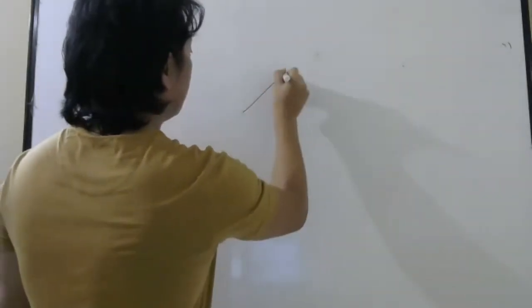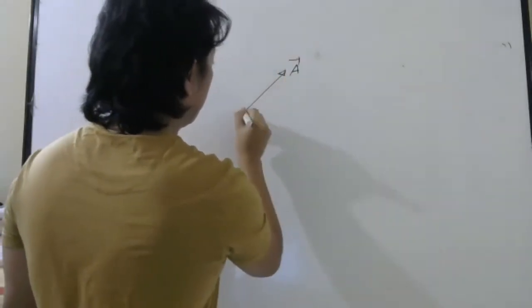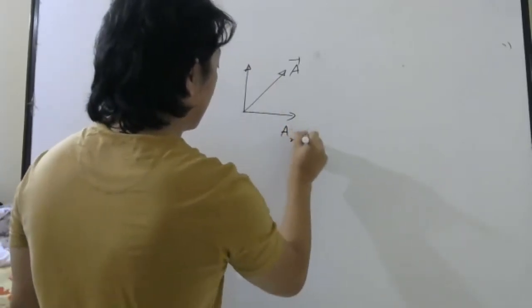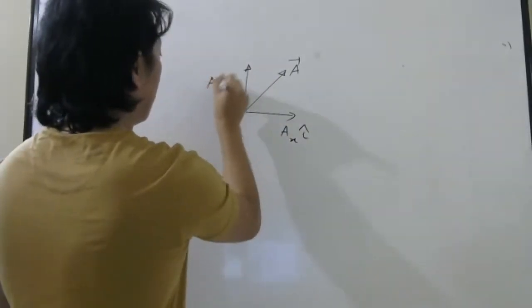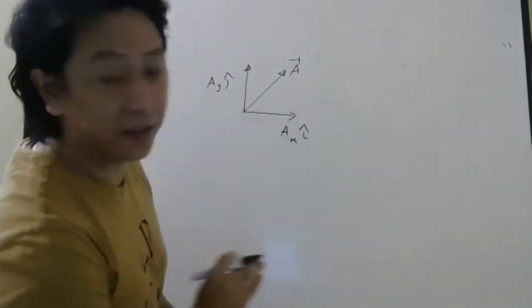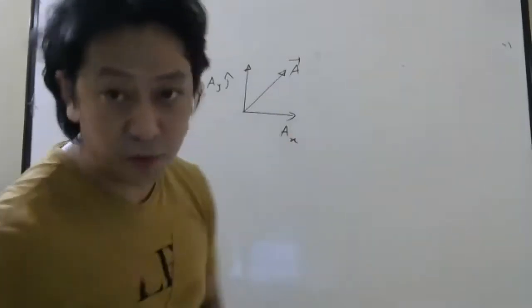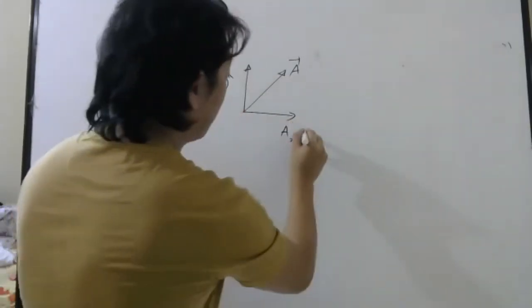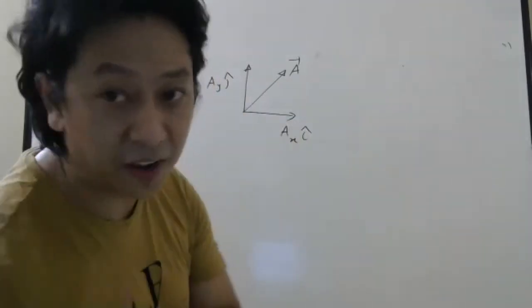So let me repeat whatever I have discussed till now. If there is a vector A bar, you can break this vector into two components, Ax i cap and Ay j cap. If you write only Ax, it means this length. If you multiply by i cap, it becomes a vector.